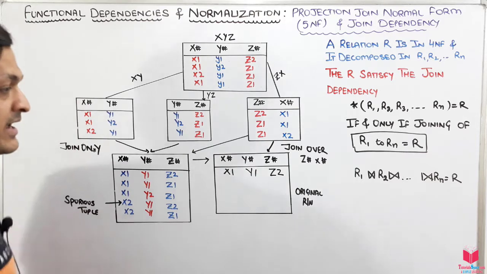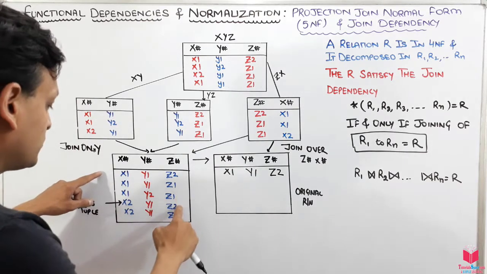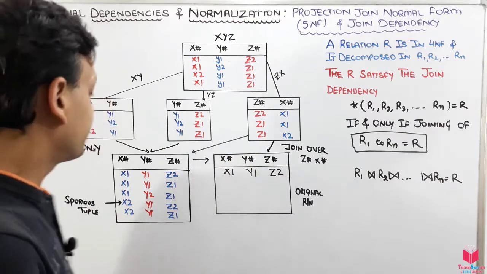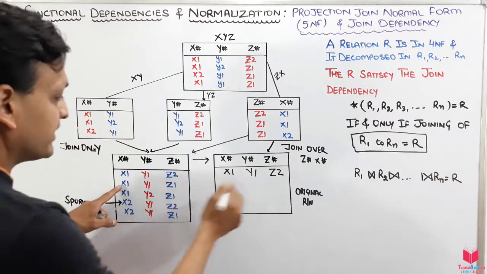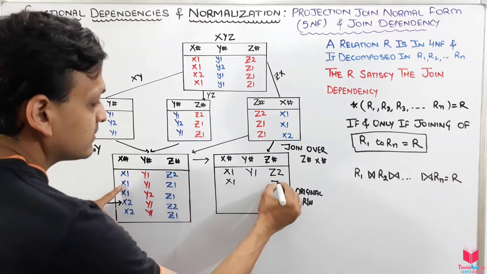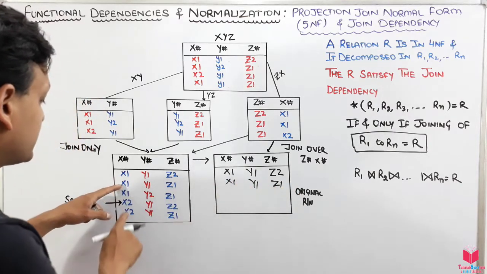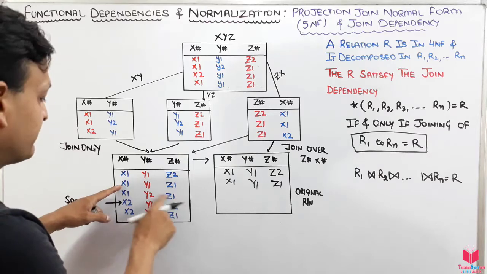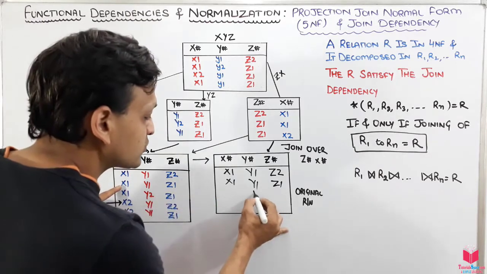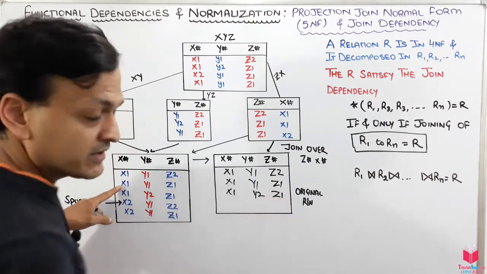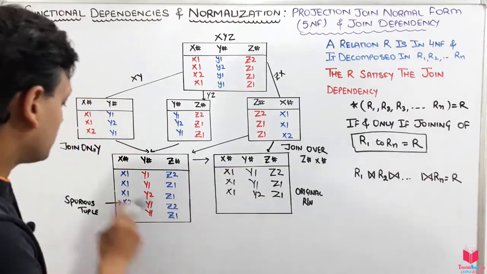Is there any x1 z2 with x2? It is not here. Now consider x1 z1. For x1 z1 the value is y1. Then x1 z1 with the value y2, that means x1 y2 z1 will also come. Now there is no more x1 z1.